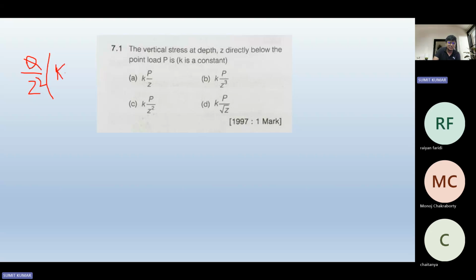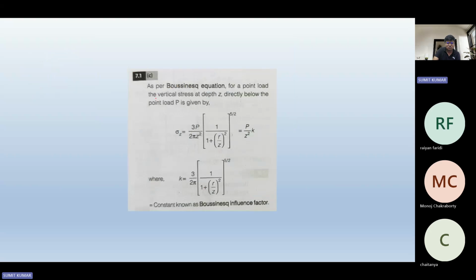So this term is K. So the z square needs to be in the denominator. So option A could not be the answer, B should not be the answer, D should not be the answer. So option C is the correct answer. Okay, option C, 7.1, is the correct answer. The description is also mentioned over here, so I don't think I need to elaborate on this.